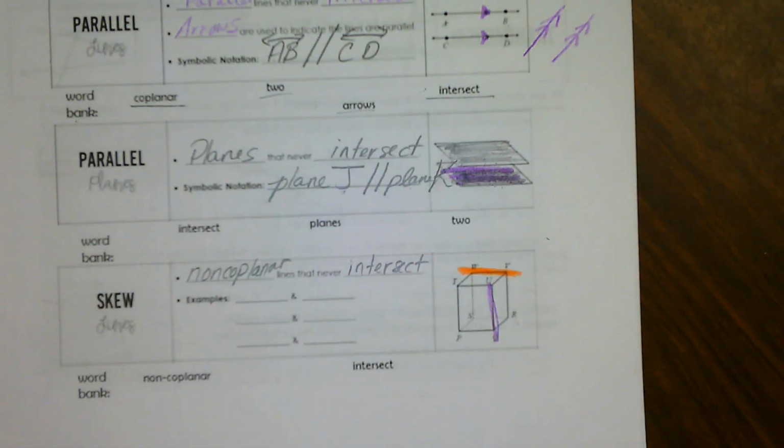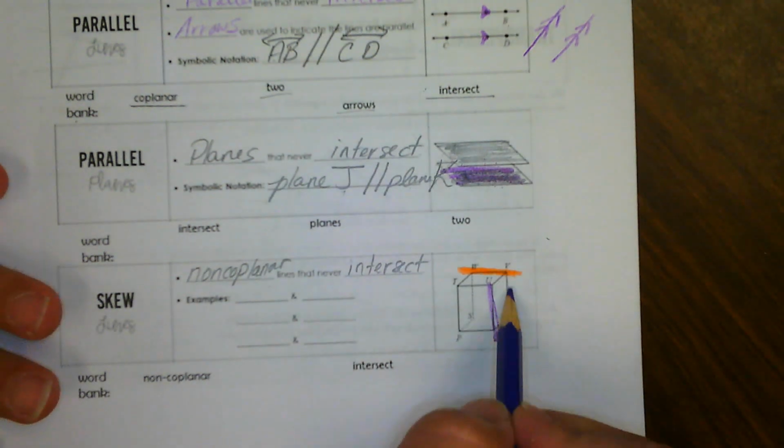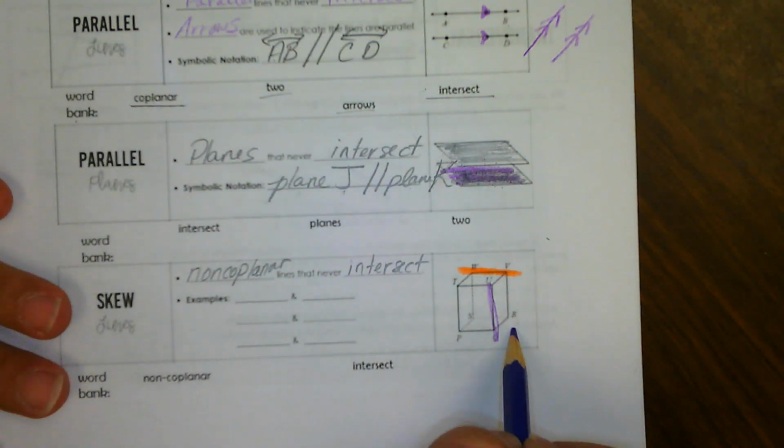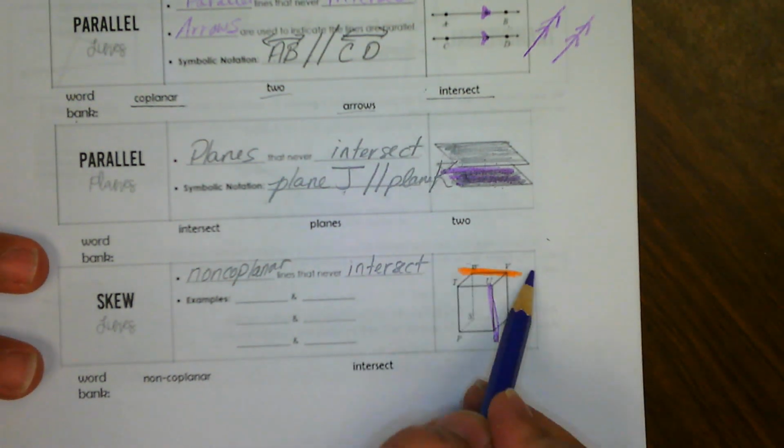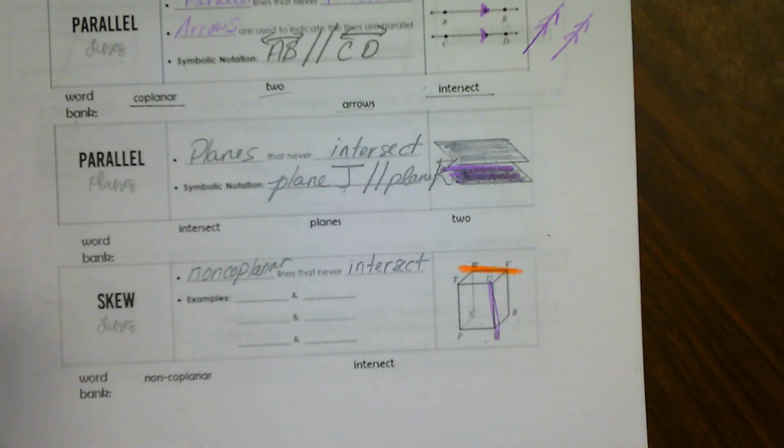And technically, that orange line I picked is on the back of the box too, right? So if I pick this line from V to R, which is on the back side of the box, it would be on the same plane as the orange line, technically. And I couldn't, we're talking about non-coplanar. They can't be on the same surface to be called skew, okay?